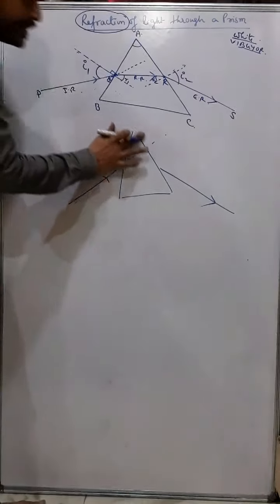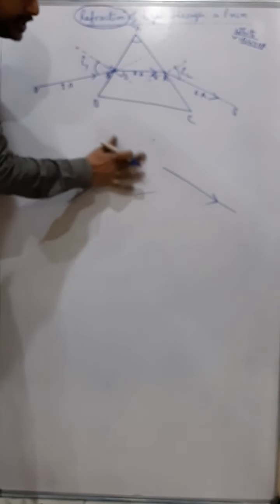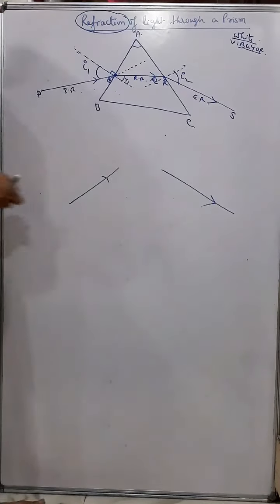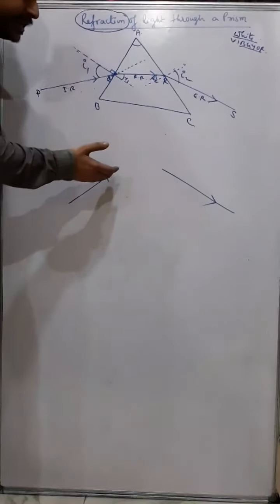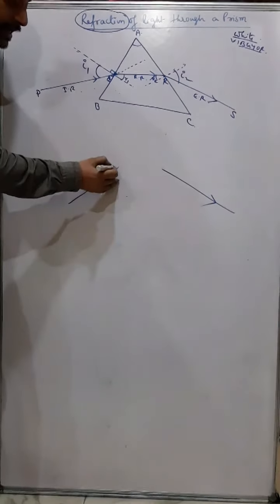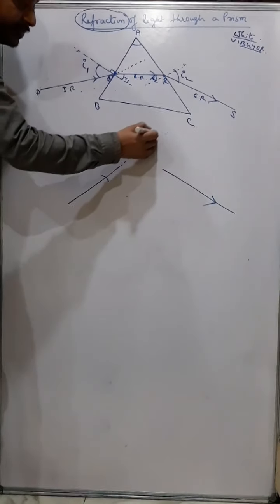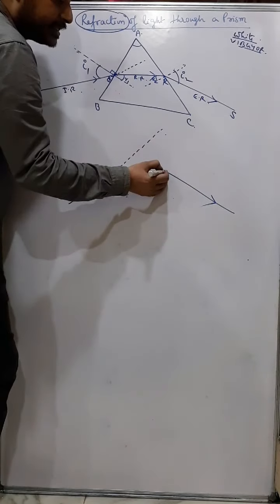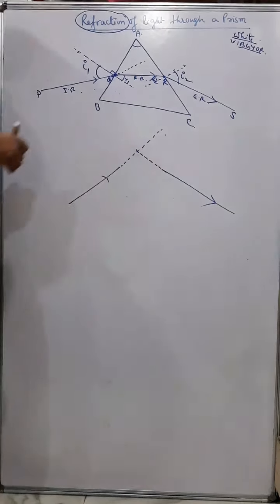So clearly you can see that this prism is actually deviating this light, is actually bending this light. Now if I ask how much is the extent of bending, what I can do is extend this incident ray forward and extend this emergent ray backward.